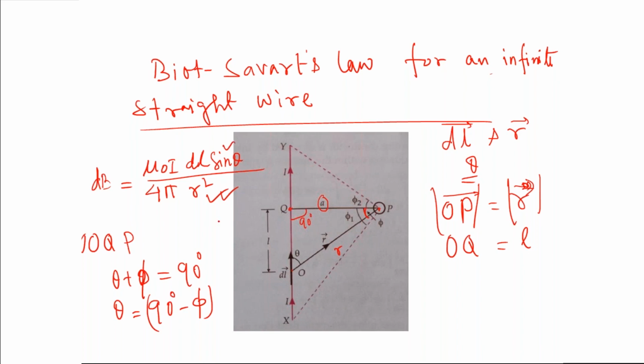That means my expression will be cos square phi. I'm sorry, this will be cos square phi over here.